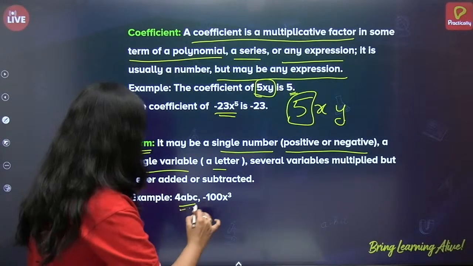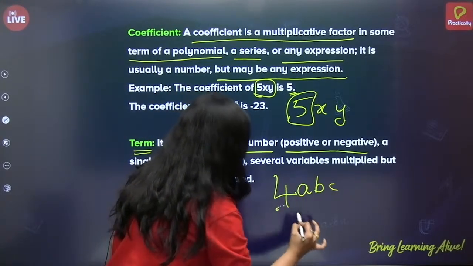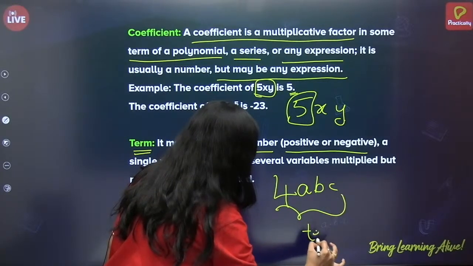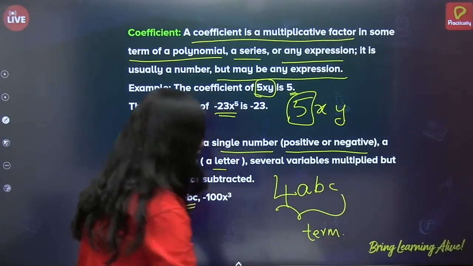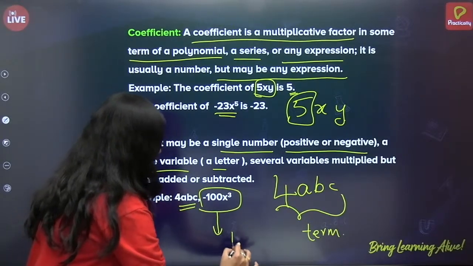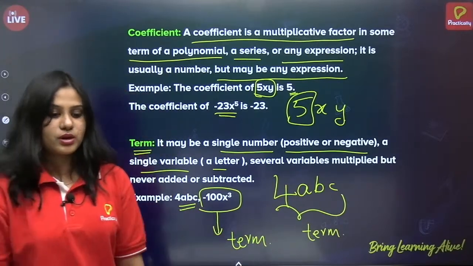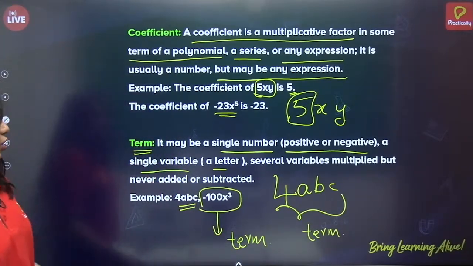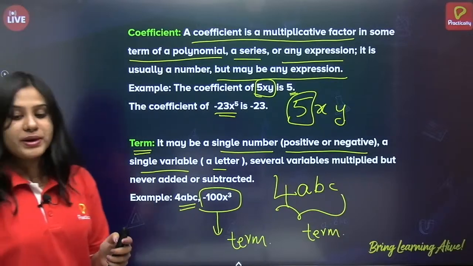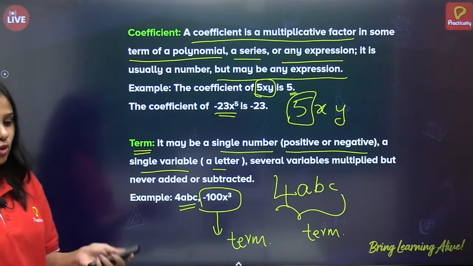Now if I take the example of abc, this is considered to be one term, okay? And minus 100x cube is also considered to be one term, okay? Alright. So I hope it is clear what is coefficient and what is a term.